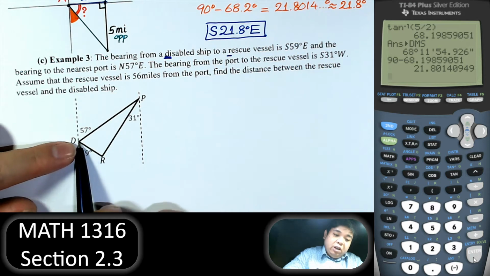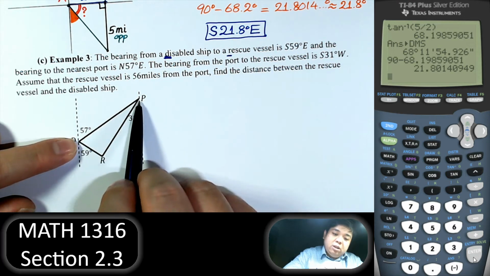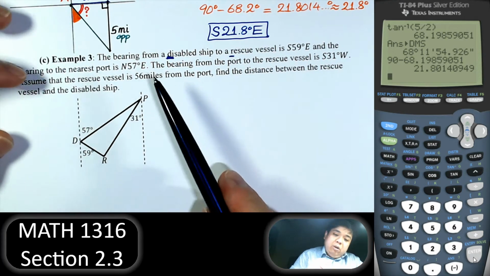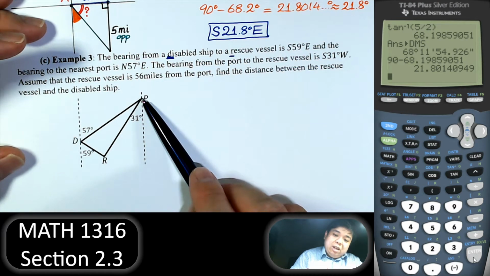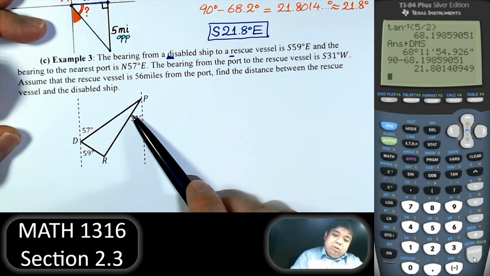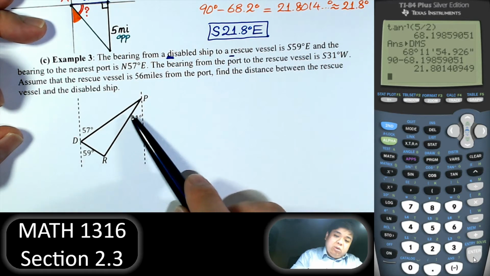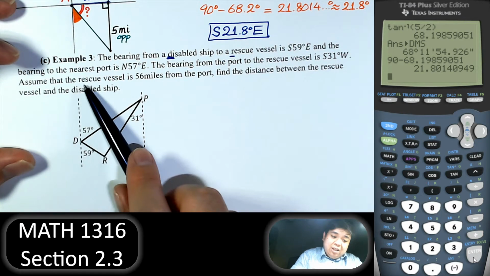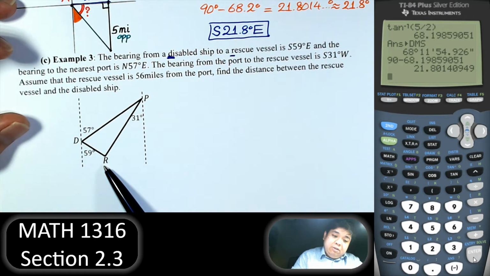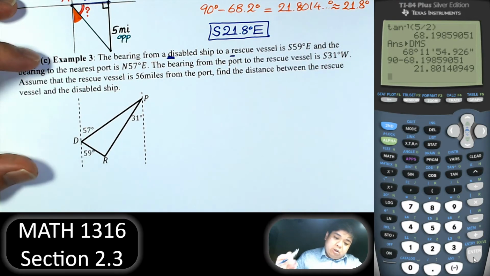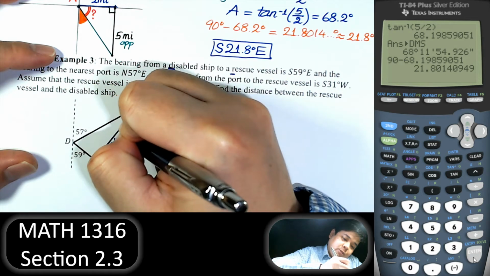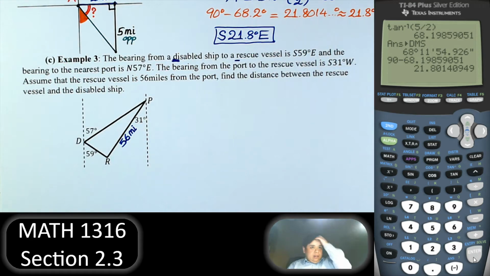So this is from the disabled ship to the port. The bearing from the port to the rescue vessel is south 31 degrees west. Assume that the rescue vessel is 56 miles away from the port. That's what we have.